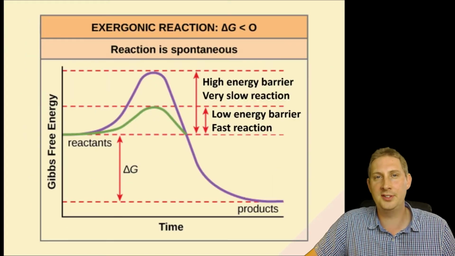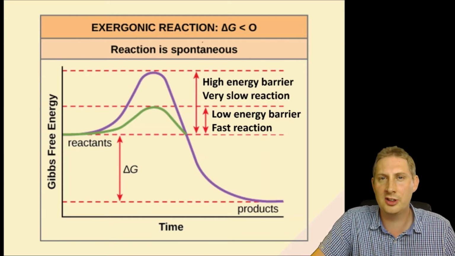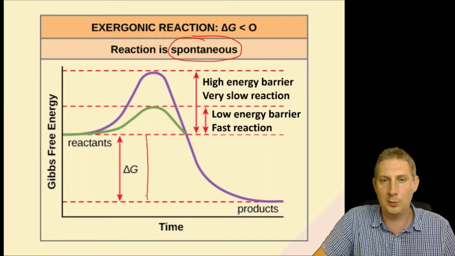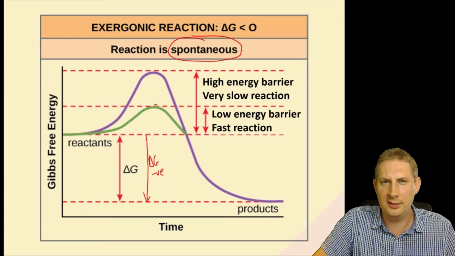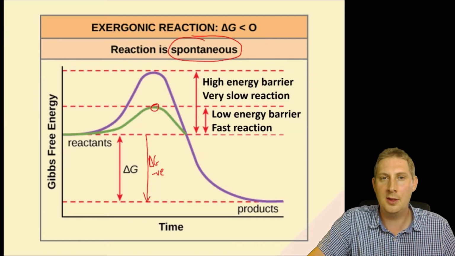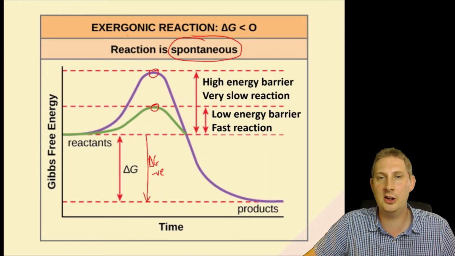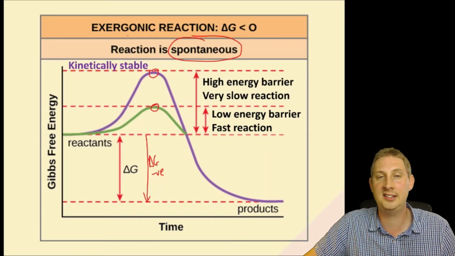But there's another type of stability. And both of these are reactions that are spontaneous, where the reactants will naturally form products because delta G is negative. But this first reaction here, the green one, has a low energy barrier, and therefore it is a fast reaction. The purple has a very high energy barrier and so a very slow reaction. We would say that this purple one is kinetically stable.